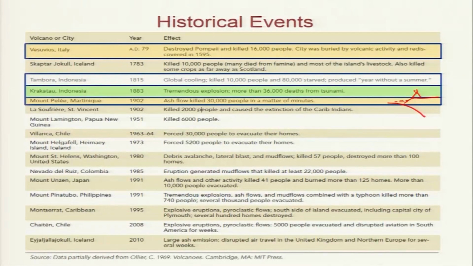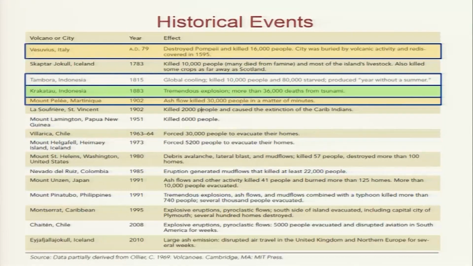Then Mount Pelée, the eruption of 1902, the ash flow killed 30,000 people in a matter of minutes. So you can understand the impact, how fast the flow was.